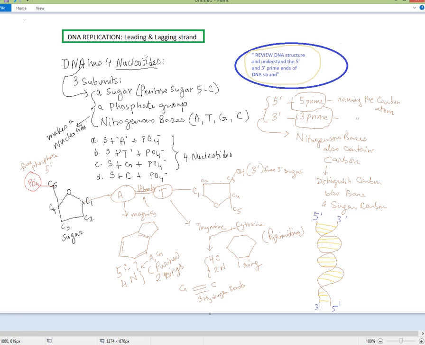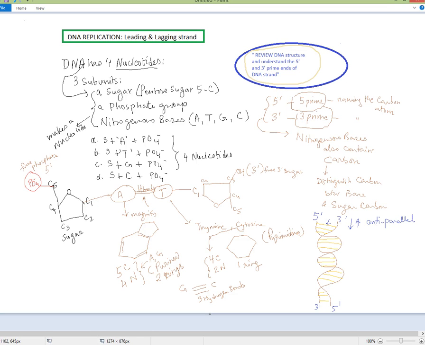So these two strands are running in opposite directions, and that's why they are called anti-parallel. These two strands are connected to each other by those hydrogen bonds we just talked about.